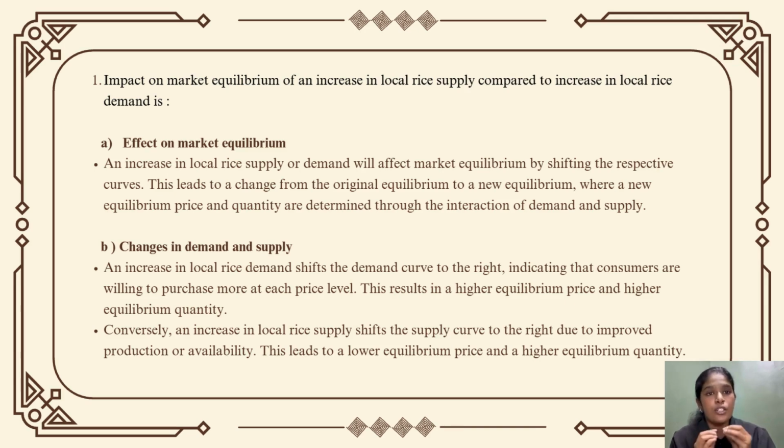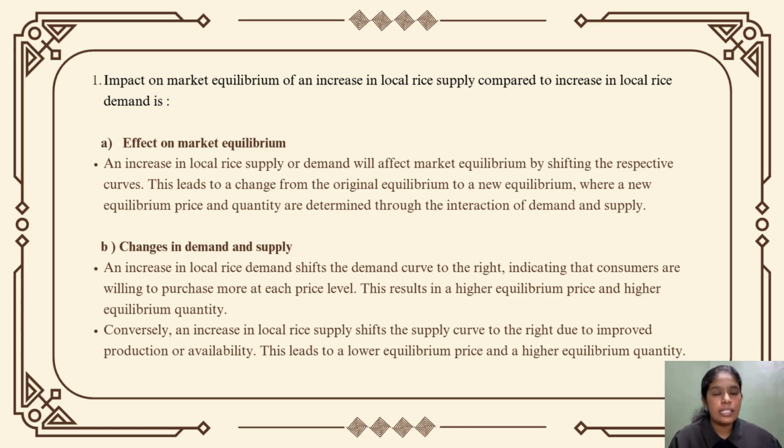This leads to a change from the original equilibrium to a new equilibrium, where the new equilibrium price and quantity are determined at the intersection of demand and supply.